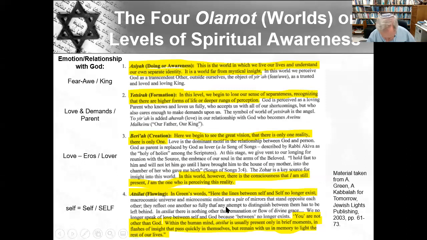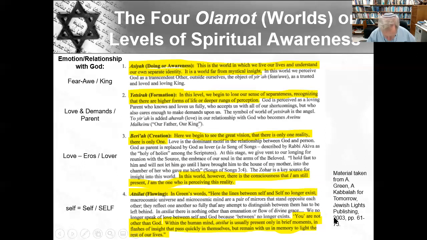Macrocosmic universe and microcosmic mind are a pair of mirrors that stand opposite each other. They reflect each other so fully that any attempt to distinguish between them has to be left behind. In Atzilut, there is nothing other than the emanation or flow of divine grace. We no longer speak of the love between self and God because between no longer exists. You are not other than God.